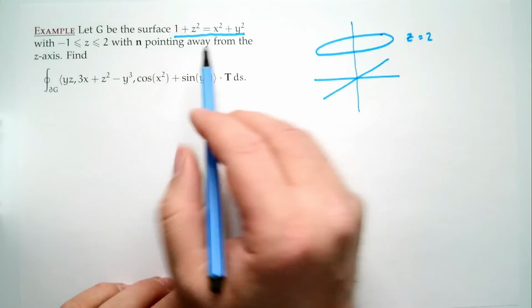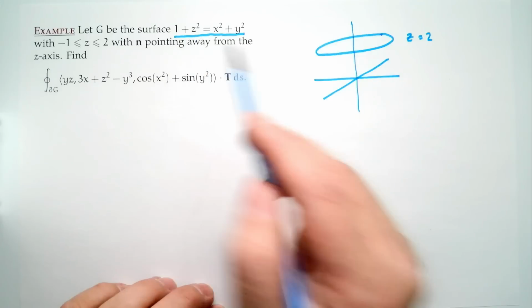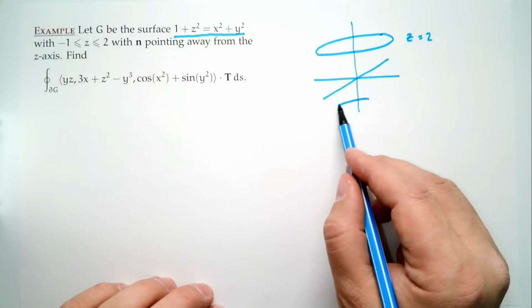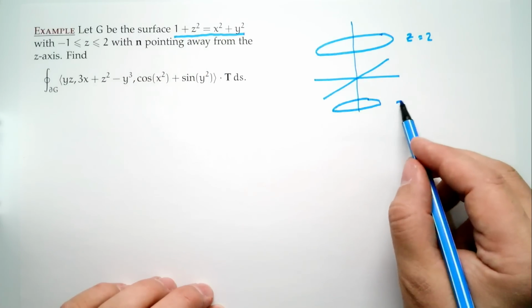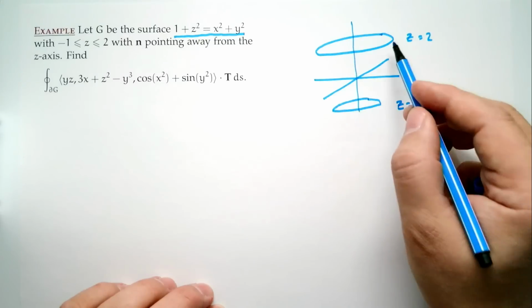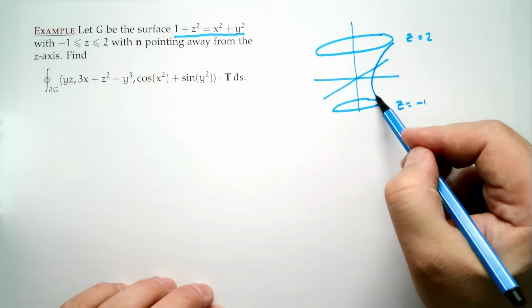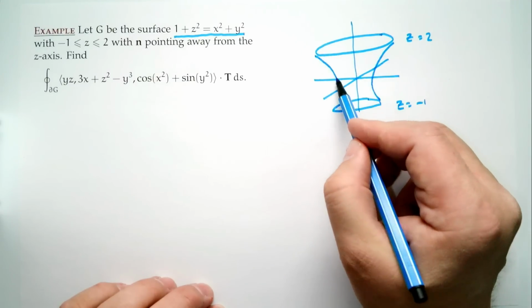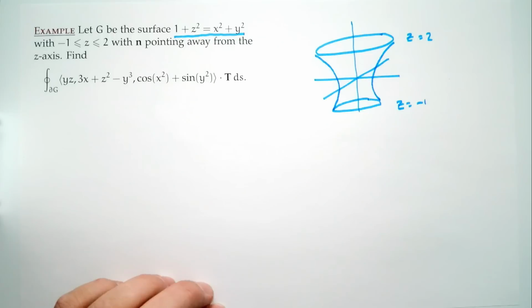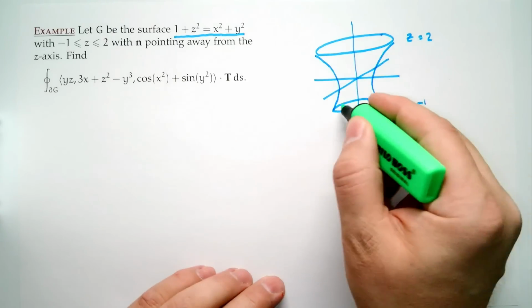It'll be a circle. So if you fix z, you'll see a circle. At z equals negative 1, it's another circle, but it's a smaller circle. And then you have coming down and out. So that is our surface. All right. Cool. So now we know what our surface is.